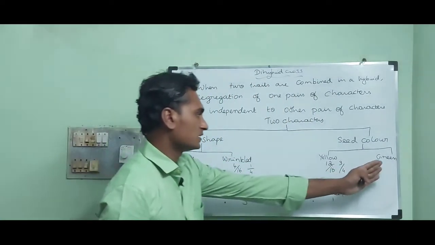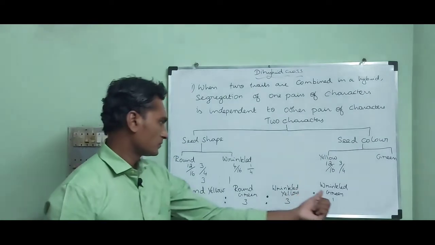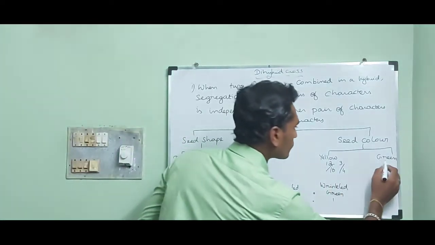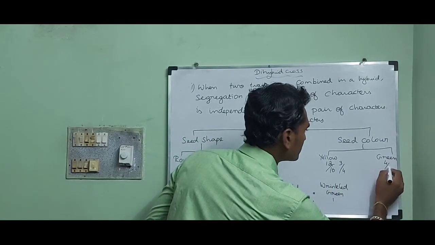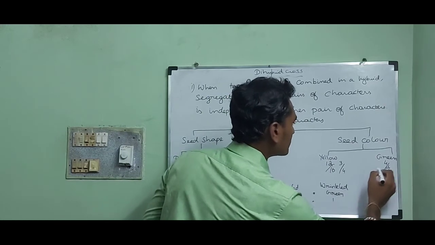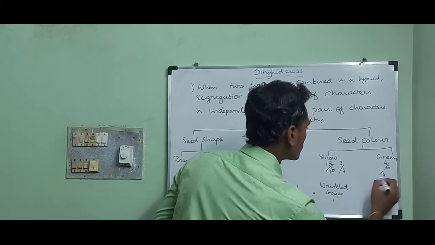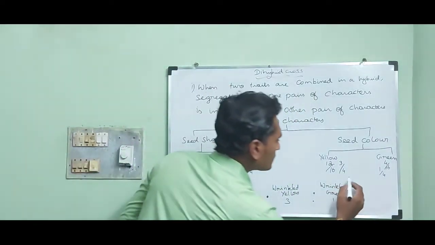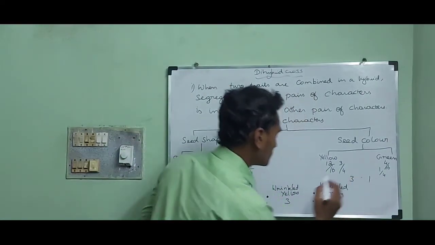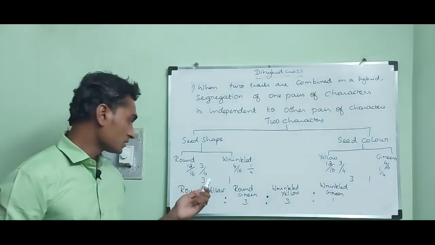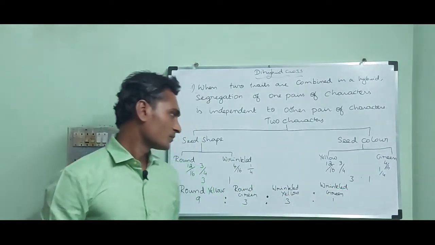Then green trait, 3 plus 1, 4. So 4 by 16 we can write as 1 by 4. Then 3:1.